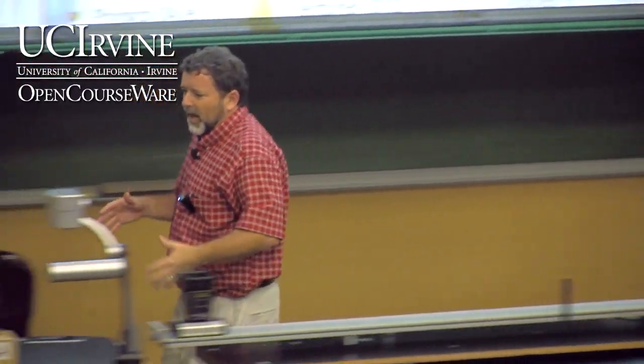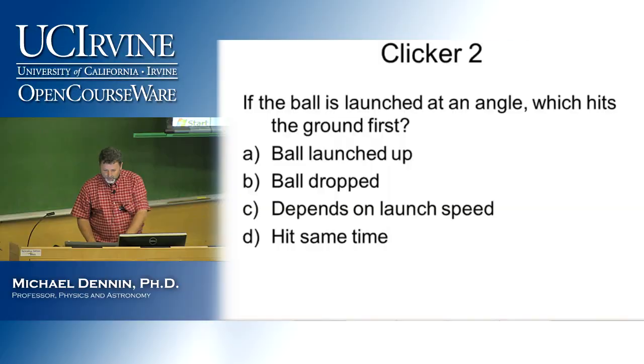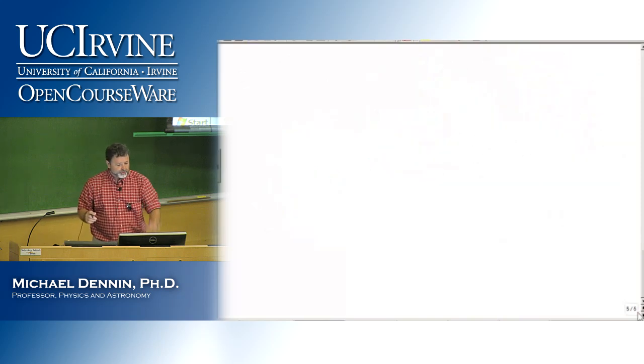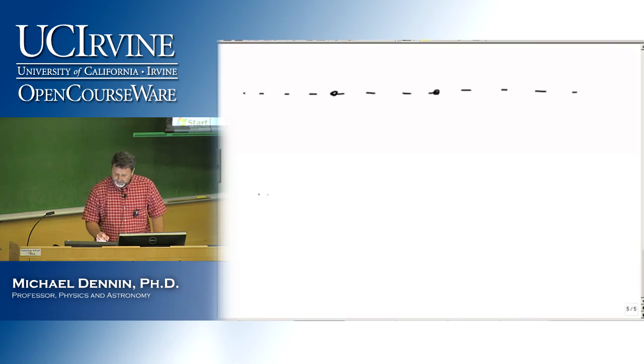So what is going on in these two examples? What we want to see is the following features, and we can easily draw it. Now, the first one, we have a situation where we have two balls starting at the same height, and they're going to land at the same position.